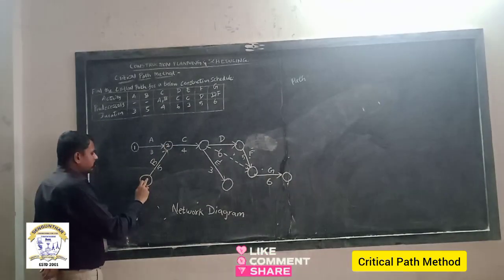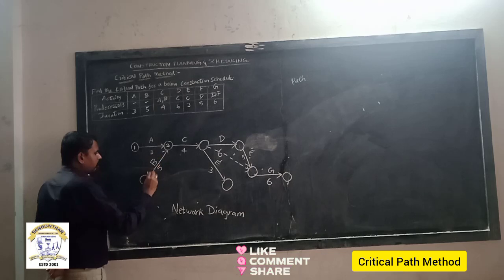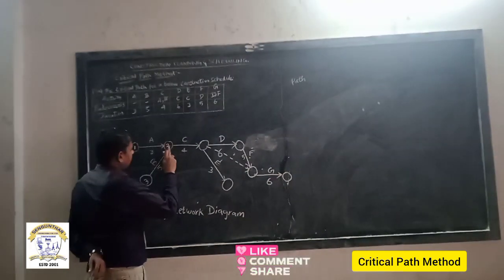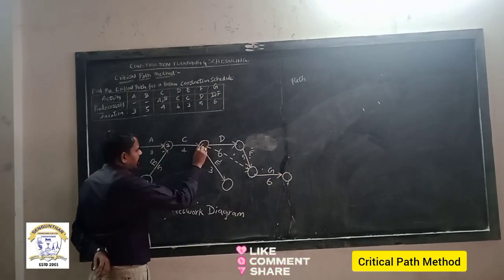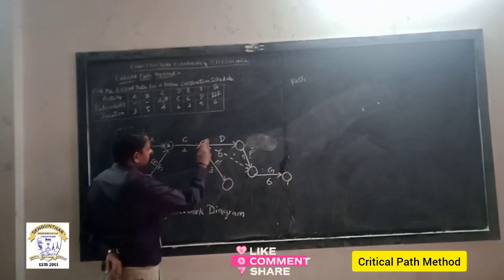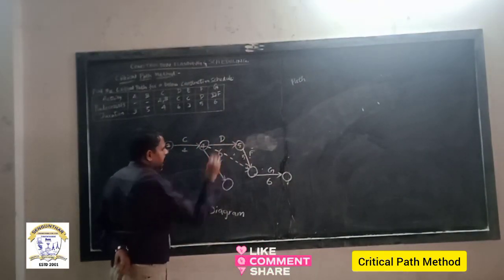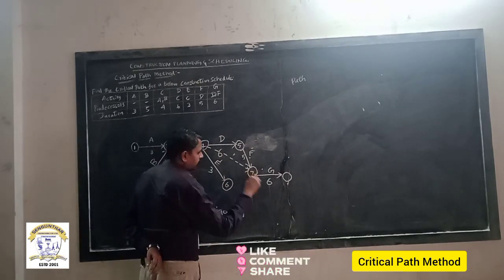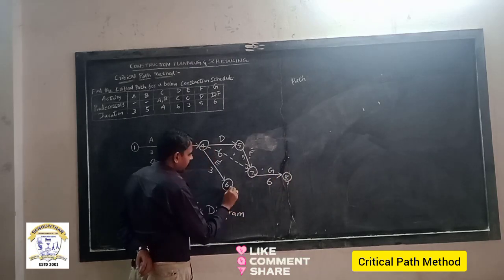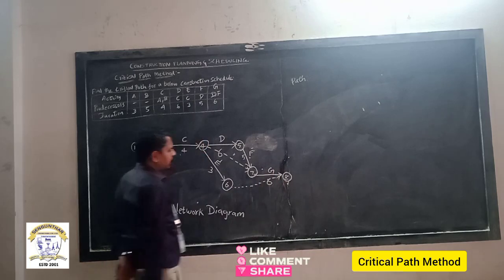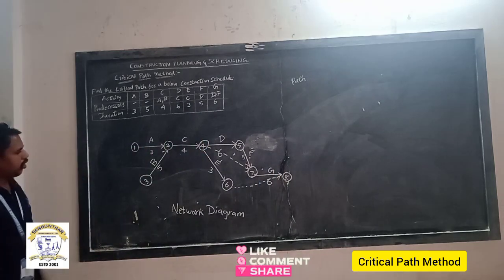So this is the second activity. For B, I number 3. Already I numbered here, so I don't number here. Next activity is C. I already made 2 here. I name here 4. Then after C comes D, here 4, I number 5, then 6, then 7, then 8. Finally I end up with one dummy activity going there. Right? So this is the network diagram.